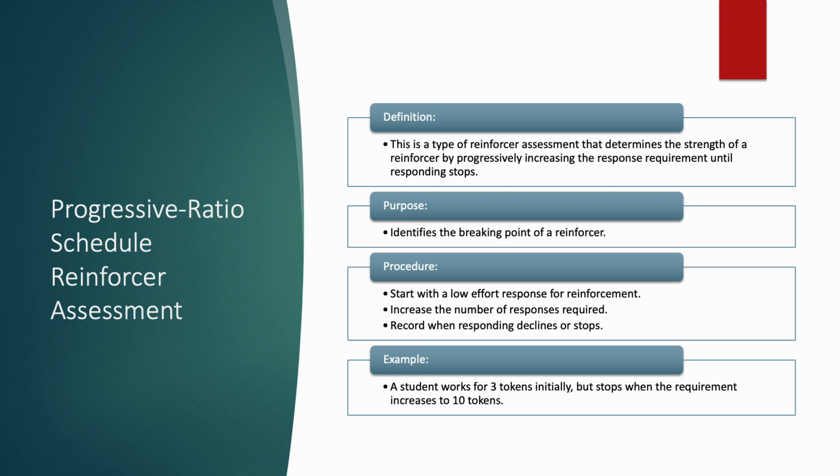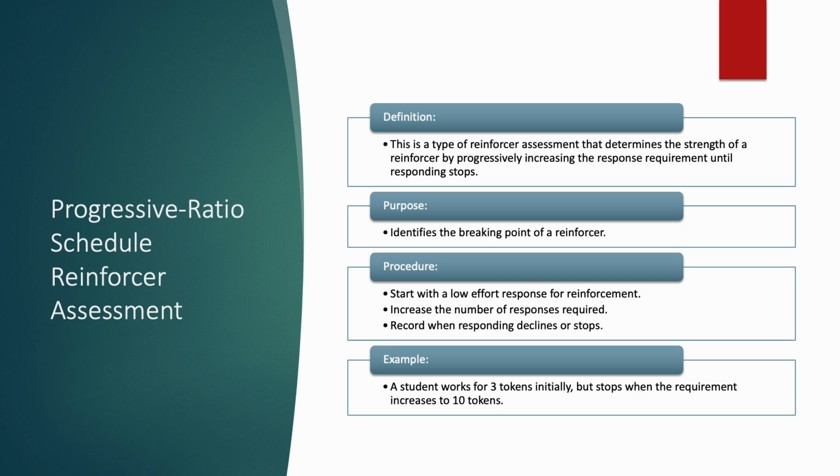Lastly, we have the progressive ratio schedule reinforcer assessment. This is a type of reinforcer assessment where we try to determine the strength of a reinforcer by systematically and progressively increasing the amount of responses required for a person to receive a reinforcer.